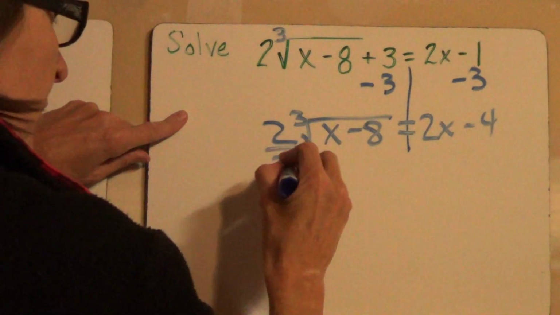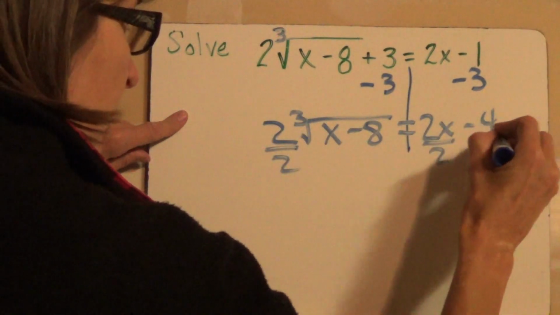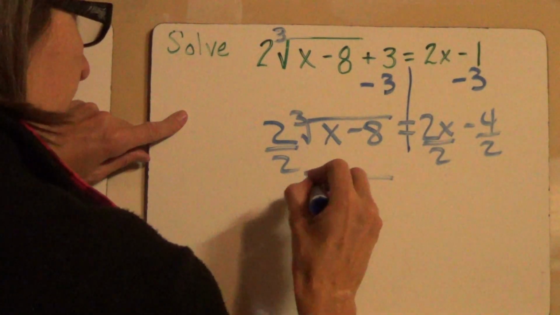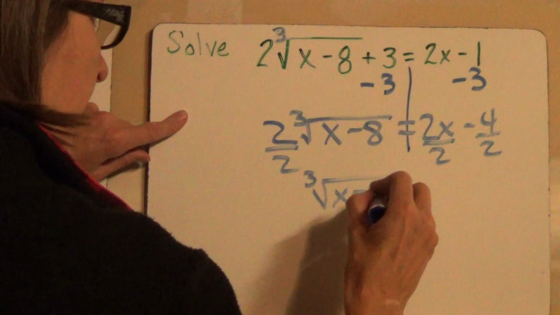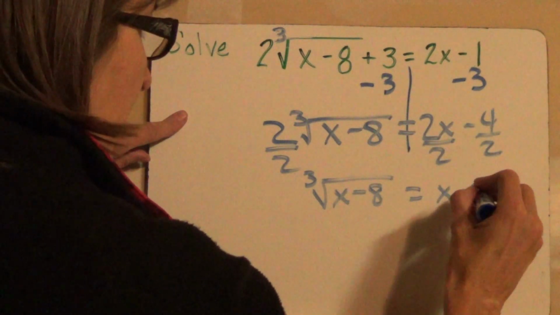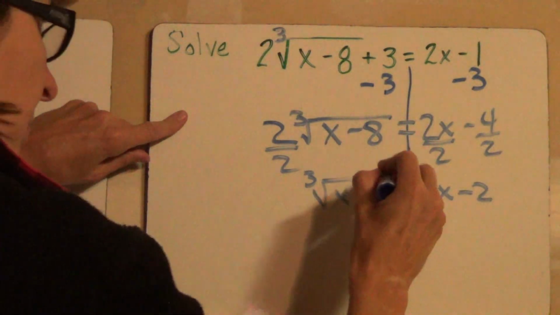Now we divide by 2, divide by 2, divide by 2. We get cube root of x minus 8 equals x minus 2. Now we want to cube it.